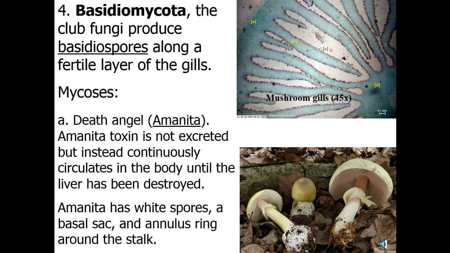It circulates in the body until the liver is destroyed. And this is out there, let me tell you. Anytime you suspect poisoning from a mushroom, you want to collect the entire specimen, even the underground parts, because Amanita has a basal sac, and the spores are white, and that annulus. Usually there's an annulus there you can see.